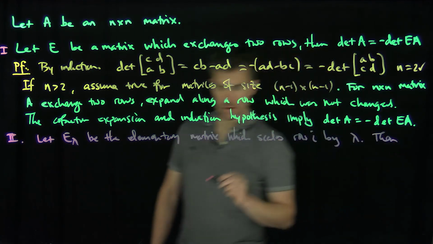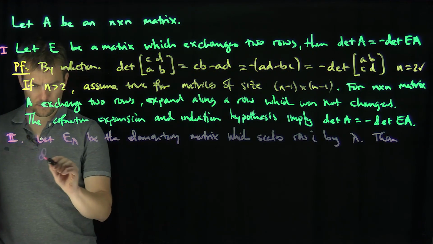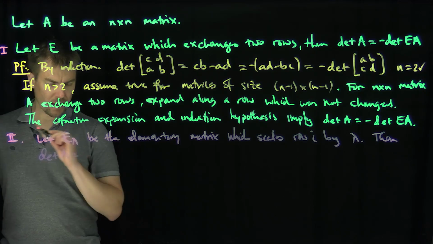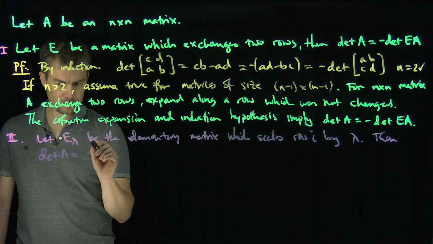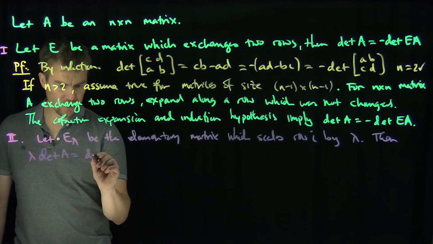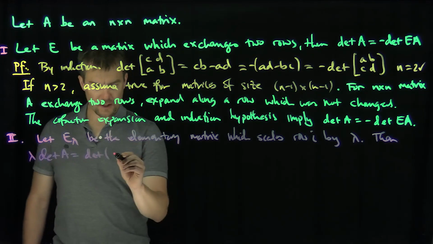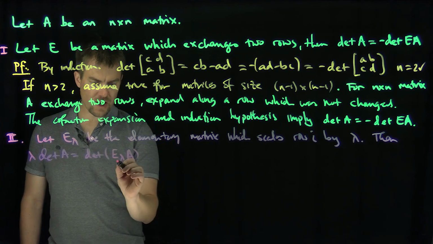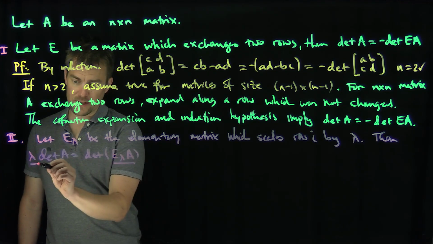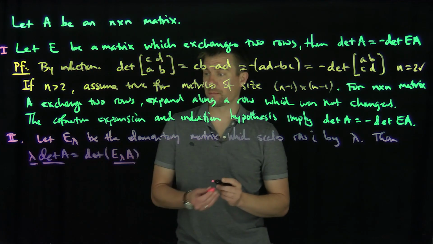Then lambda times the determinant of A is going to be the determinant of E lambda applied to A. In other words, if you scale a row by lambda, it pulls out a factor of lambda from the determinant.